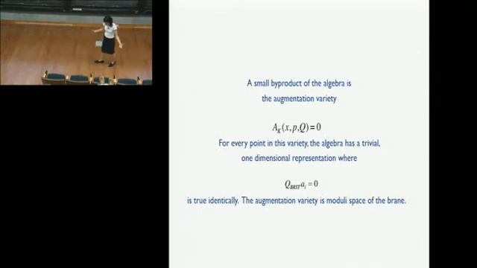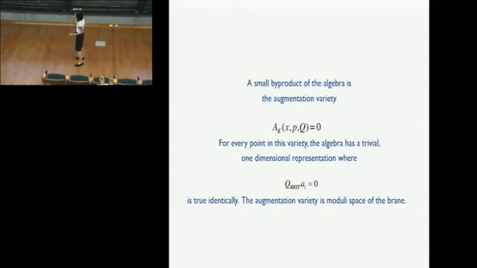So it's a huge big algebra. A small byproduct of this algebra is its augmentation variety. For every point in this variety, the algebra has a trivial one-dimensional representation where this BRST operator just annihilates all the Reeb chords.